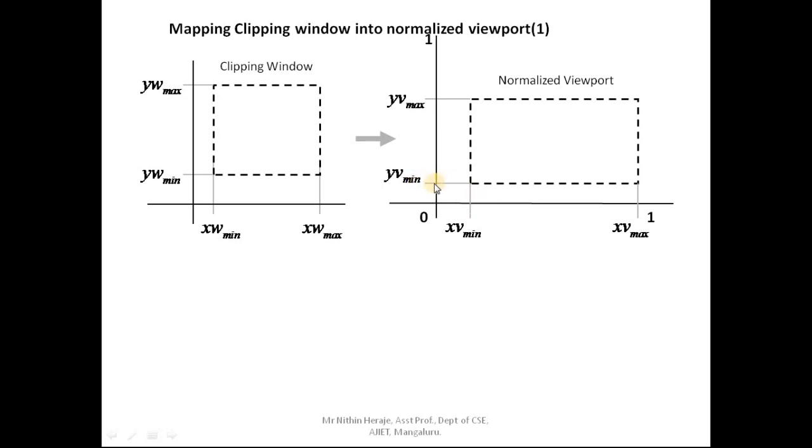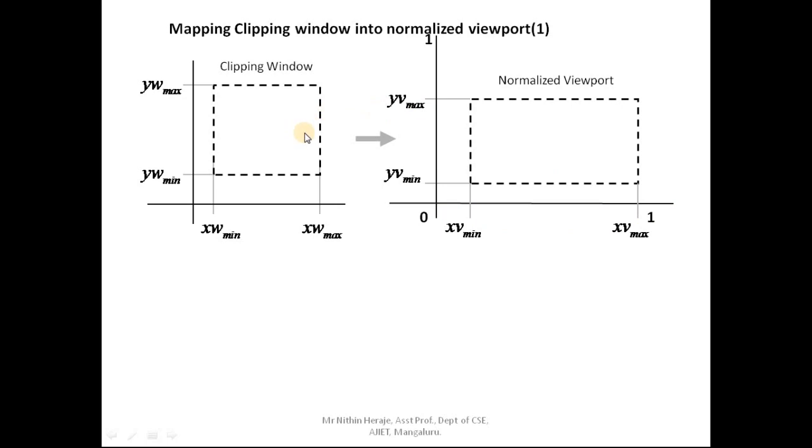So this is yv min, this is xv min, and this point is xv min comma yv min. Similarly, this point is xv max comma yv max. And if you see the coordinates, you have it here 0 to 1. So this is the difference that takes place.